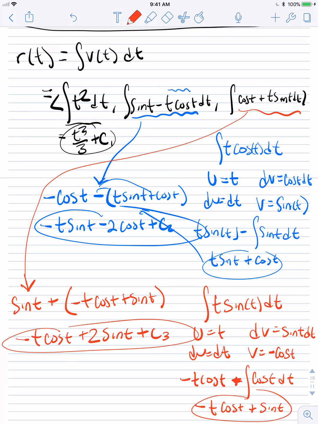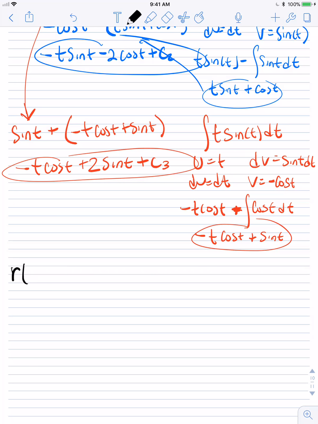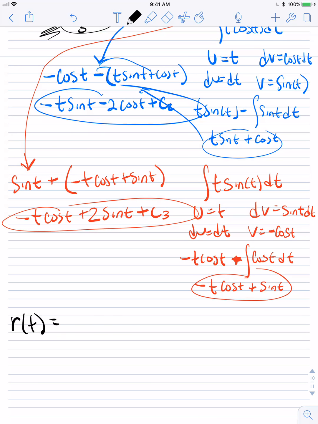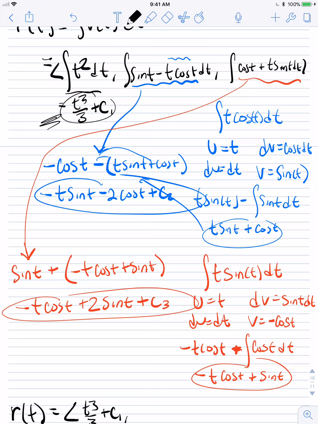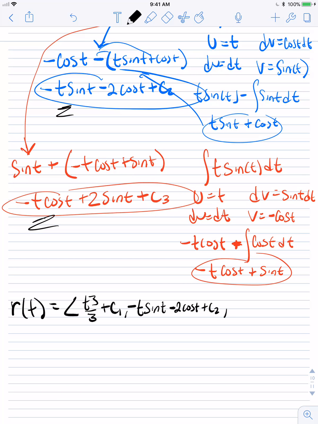So now you see we found each component, so we can just put them together. Our position vector would be our first component we found right here, t cubed over 3 plus c1. Our second component in blue we found right here, negative t sine t minus 2 cosine t plus some constant c2. And our third component we just found, negative t cosine t plus 2 sine t plus some constant c3.